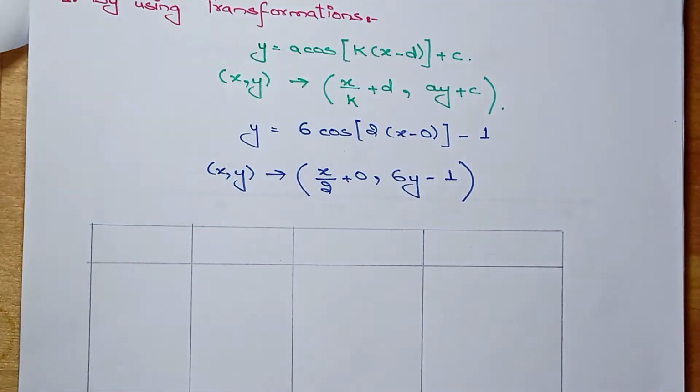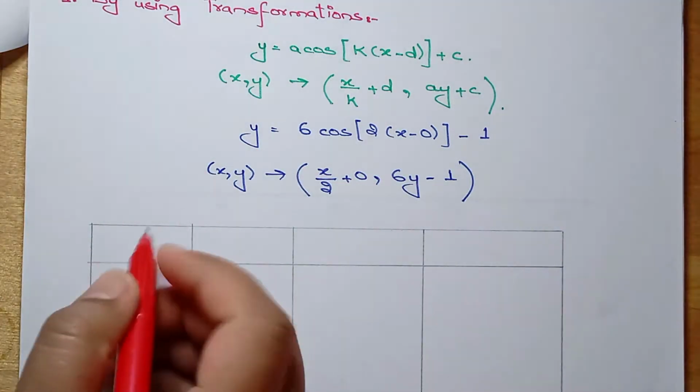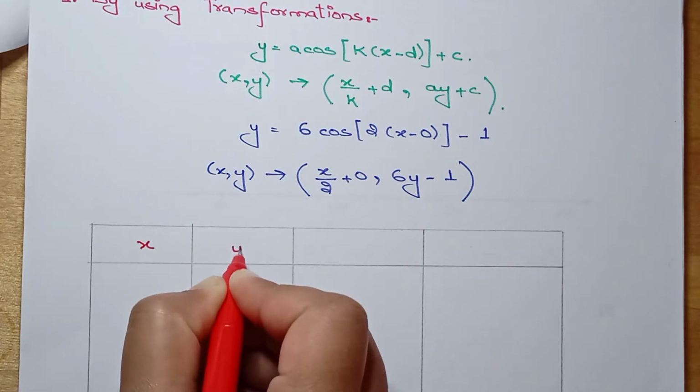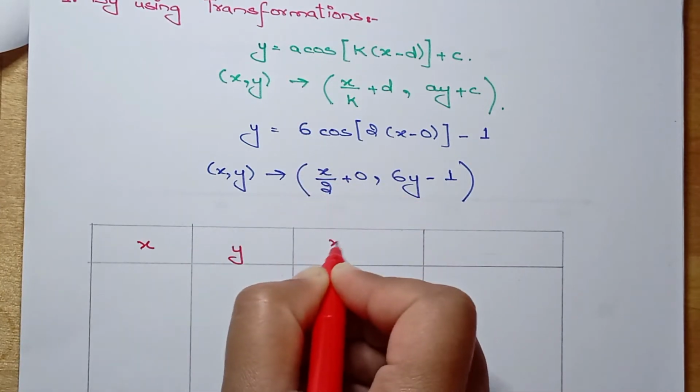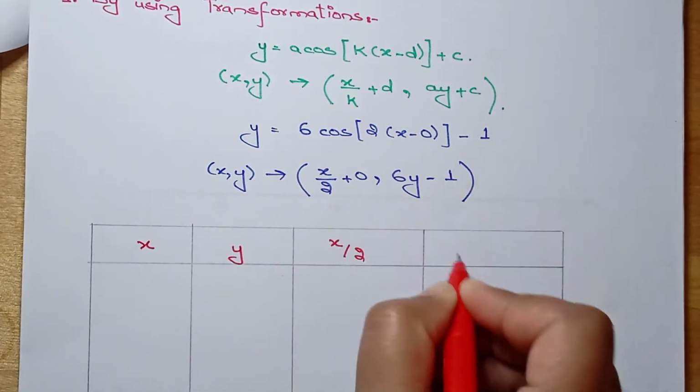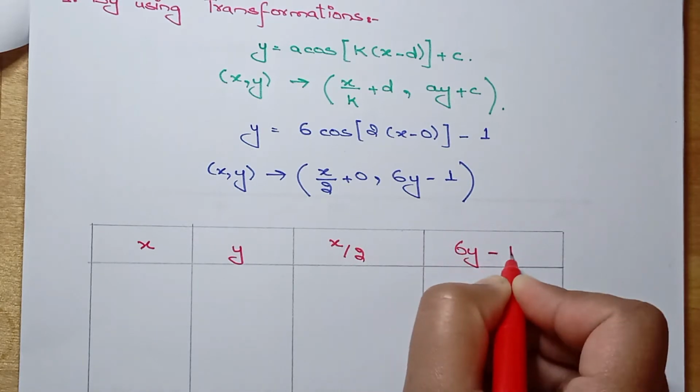So here we are going to use x, y, and x changes to x by 2 and y changes to 6y minus 1.